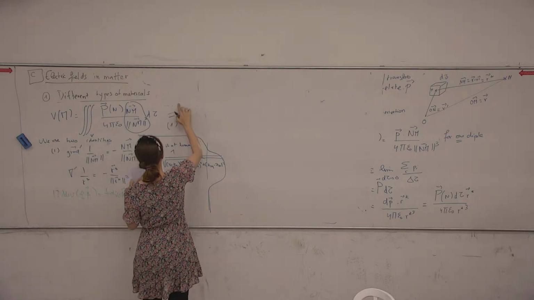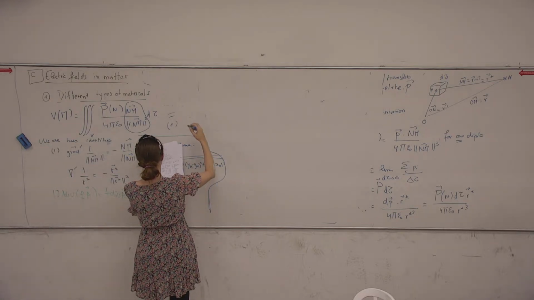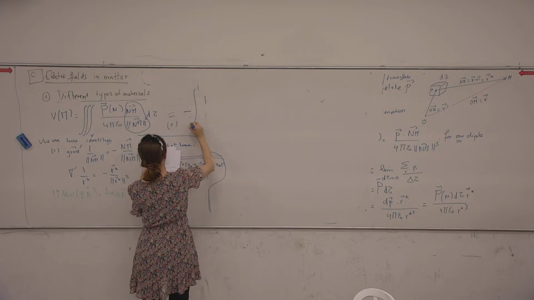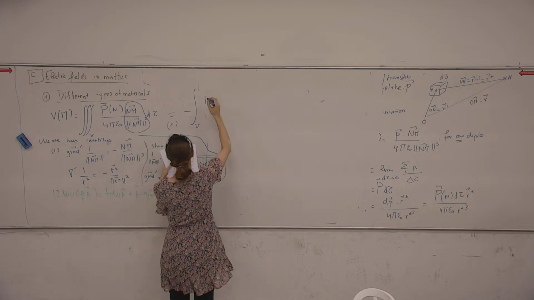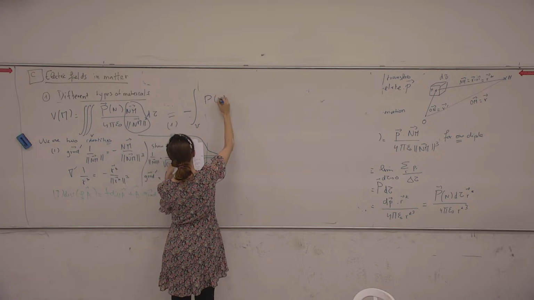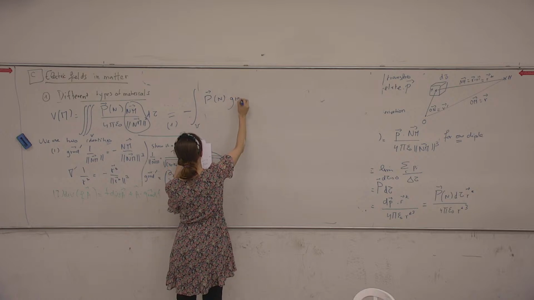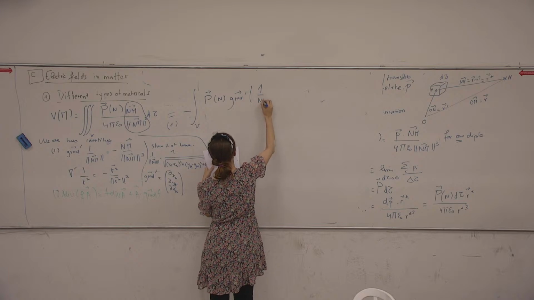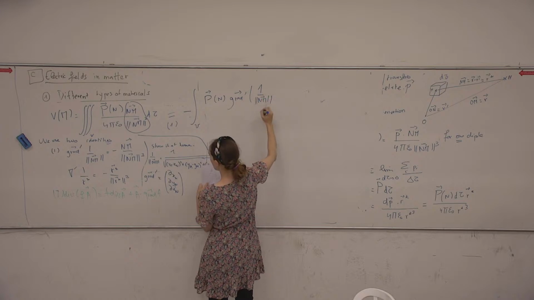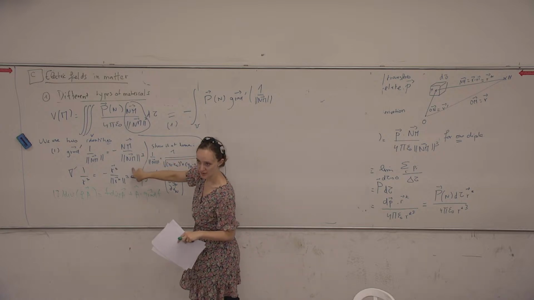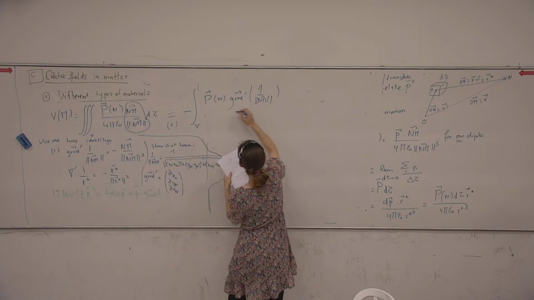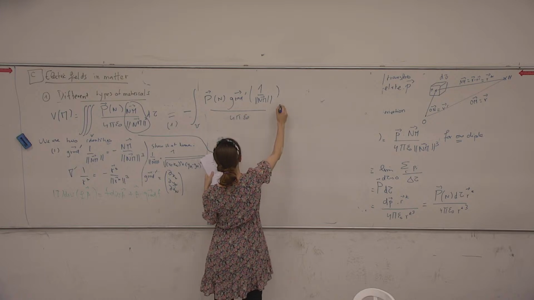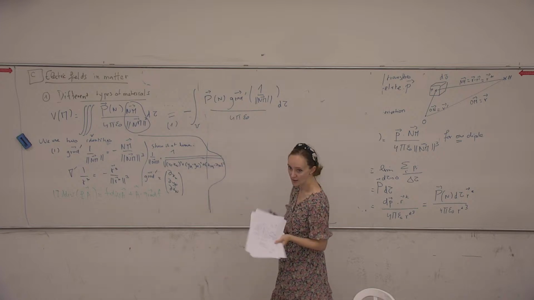So by using 1, I can write that this is minus the integral on the volume of P(n) dot grad of 1 over Nm, over 4 pi epsilon 0, d tau. Just using this. You agree? Everybody agrees?